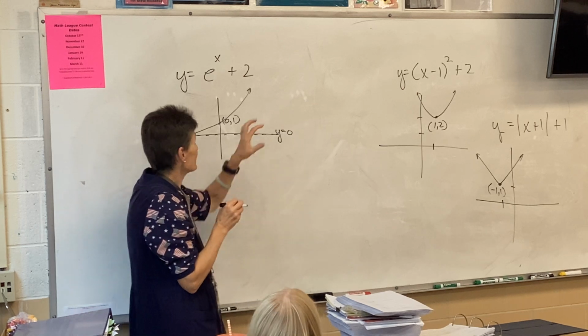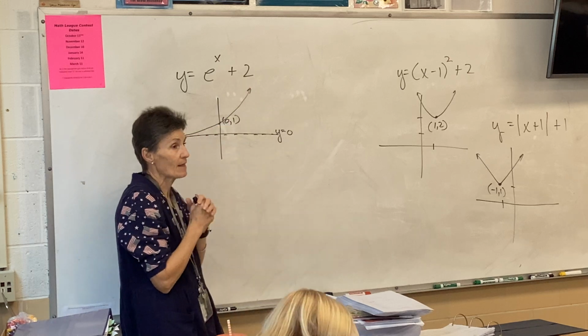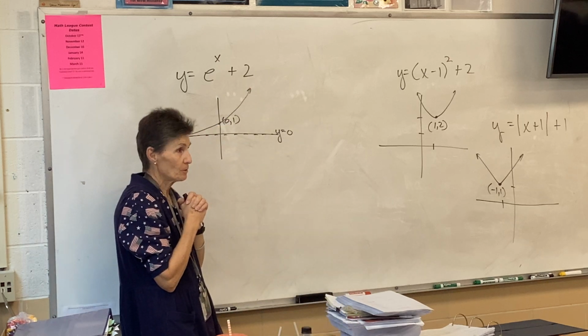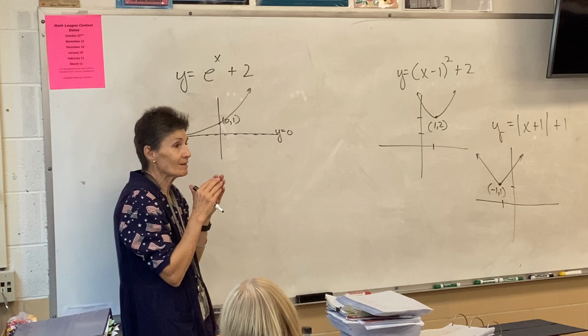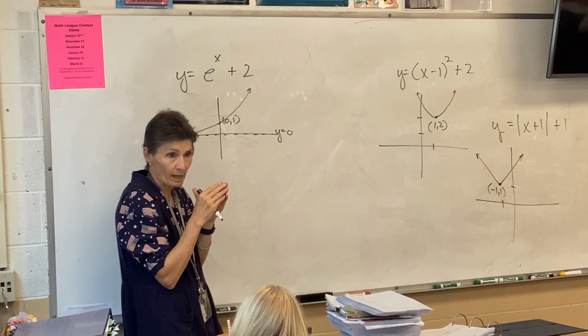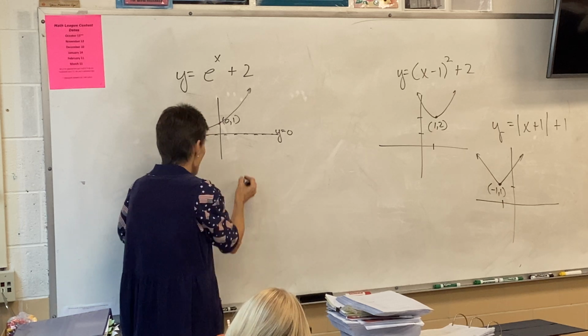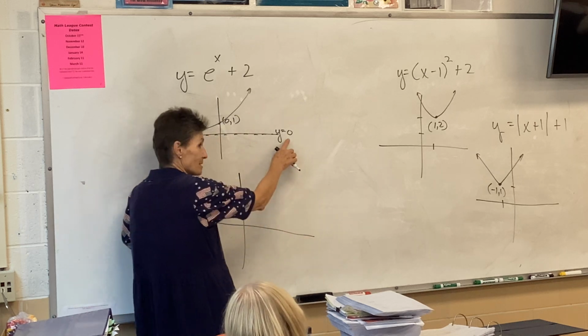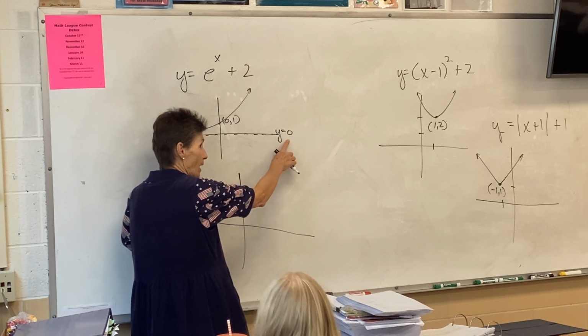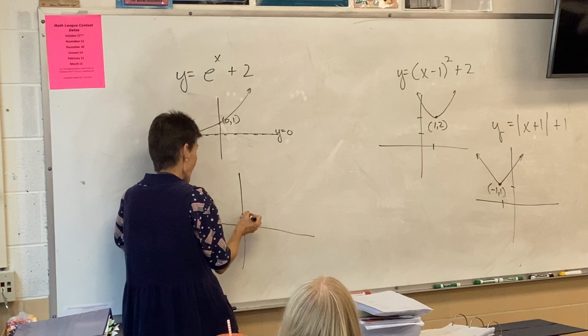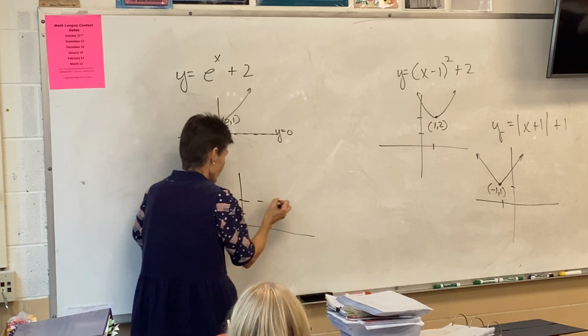Now I have to pay attention, what is happening with that picture? Up two. So everything is going up two. So where will this asymptote be if it goes up two? At two, right?